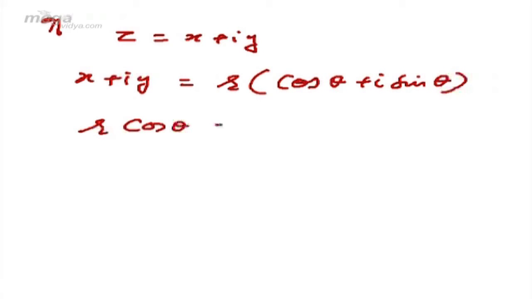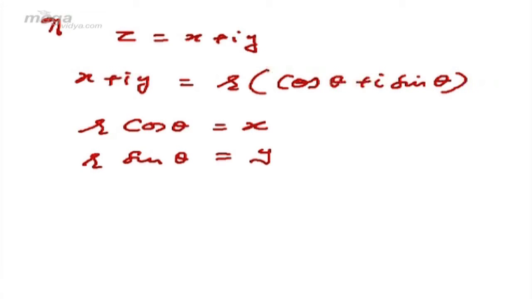Polar form. If z is equal to x plus iy, we can write x plus iy in polar form, that is r (cos theta plus I sin theta). So if we compare, r cos theta is equal to x and r sin theta is equal to y.